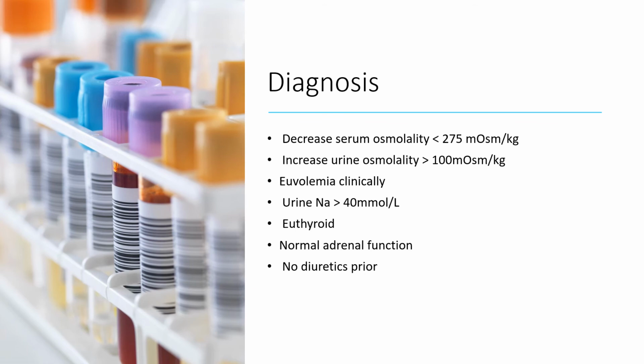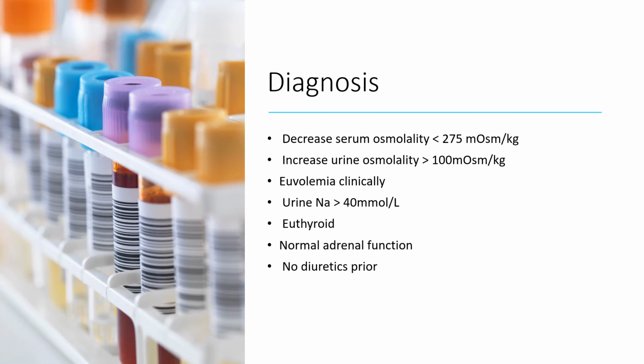Now, your thyroid stimulating hormone, T3, T4 will be within expected range. So you are not dealing with hypothyroidism, you are not dealing with hyperthyroidism. Normal adrenal function. No diuretics prior, because you are trying to rule out other situations that could present like this.